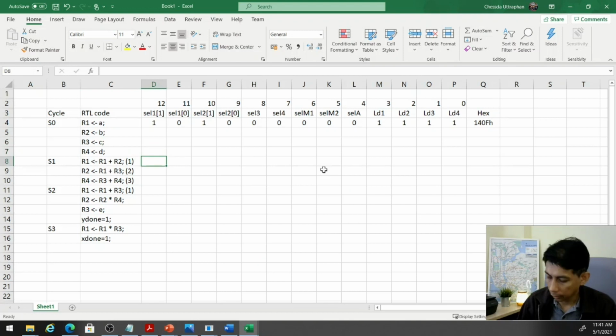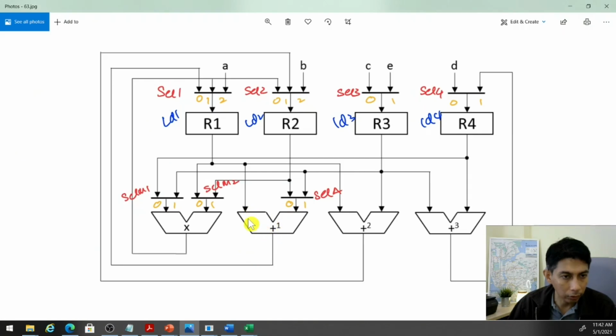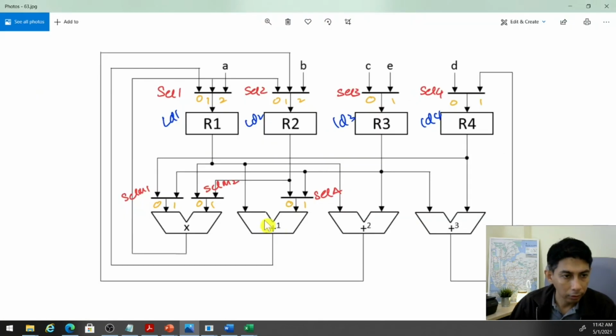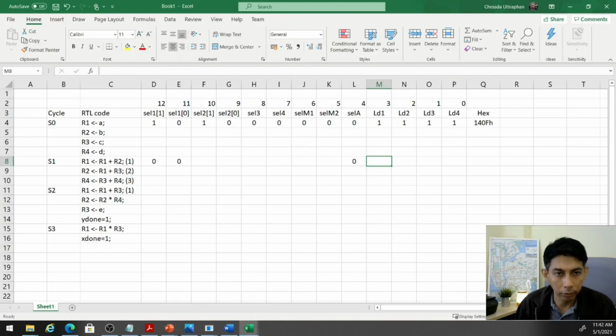For the operation R1 plus R2, R1 is already there, so no problem. But for R2, we need to select here, so SELA should be 0. Here should be 0 to select R2, and of course LD1 must be equal to 1. This will be the first operation.